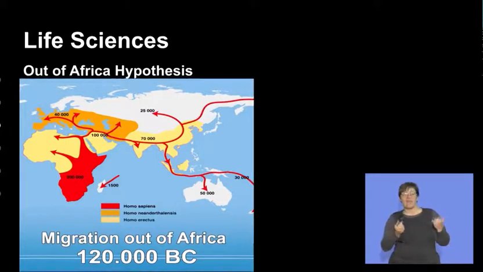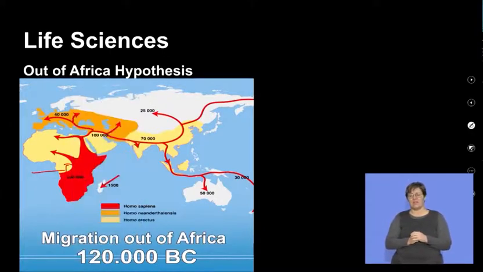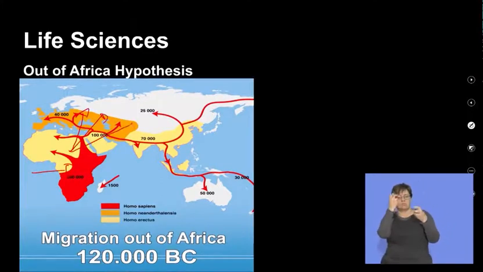There was lots of food, etc. And what happened over time is that Africa, as we know it, became hotter and drier, and there became less food available. And what that meant was people, Homo sapiens, or the group Homo, living in Africa, needed to go out of Africa in search of food.